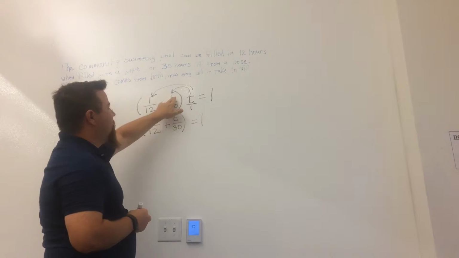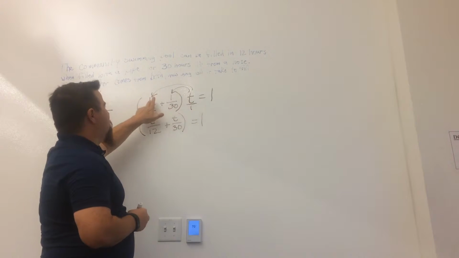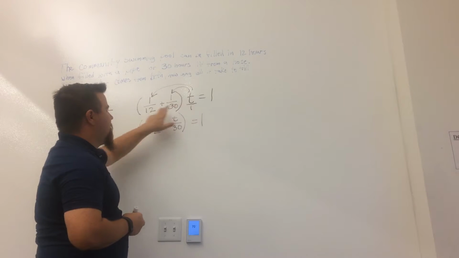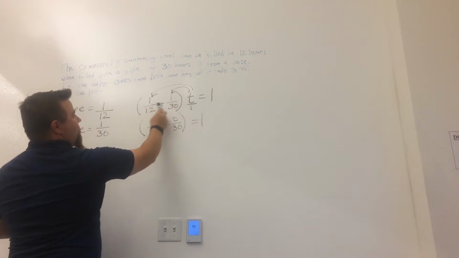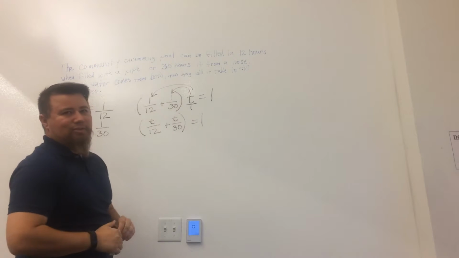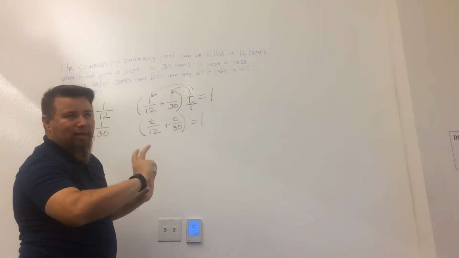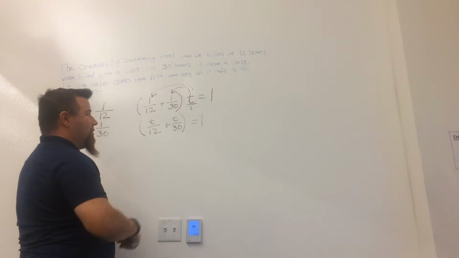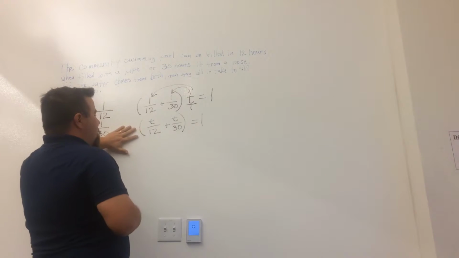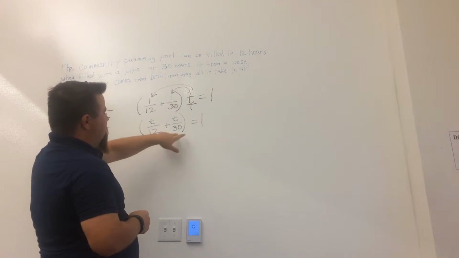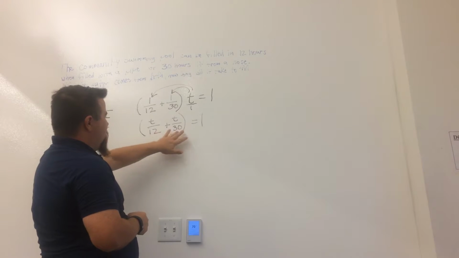So there'd be 1 times T, and 1 times T, and then 1 times 30, and 1 times 12. When you're multiplying, the numbers stay either on the top or on the bottom, depending on what you're doing. Alright, so now we need to make the denominators the same.